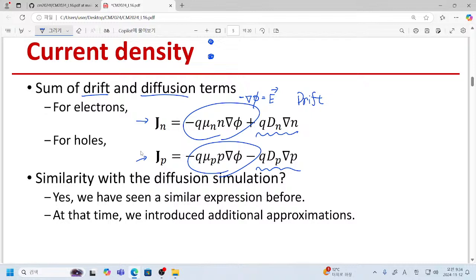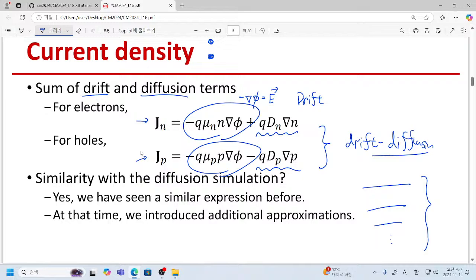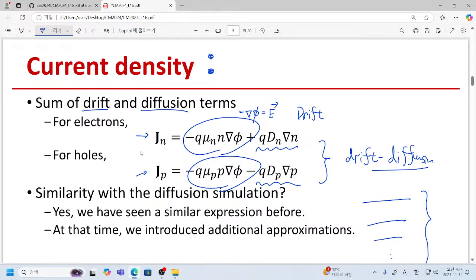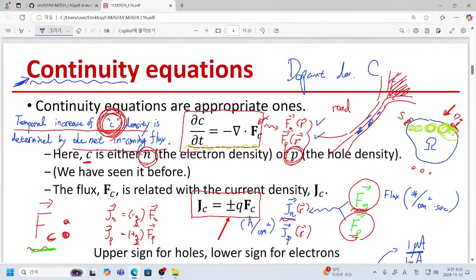So that's the reason why this form is called drift diffusion. So now the entire model is called the drift diffusion model. Although we are saying drift diffusion model, there can be many different models, several of them. But interestingly enough, all of them share the same equation.